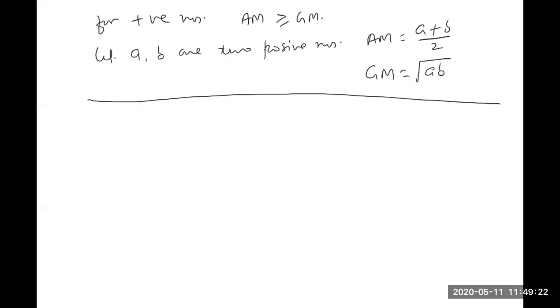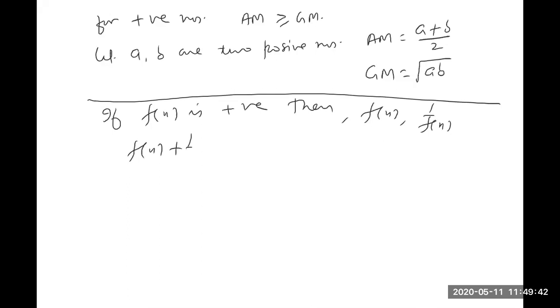So if f(x) is positive, then on f(x) and 1 upon f(x), apply AMGM. So f(x) plus 1 upon f(x), divided by 2, the arithmetic mean, will always be greater than or equal to the geometric mean, square root of f(x) into 1 upon f(x).